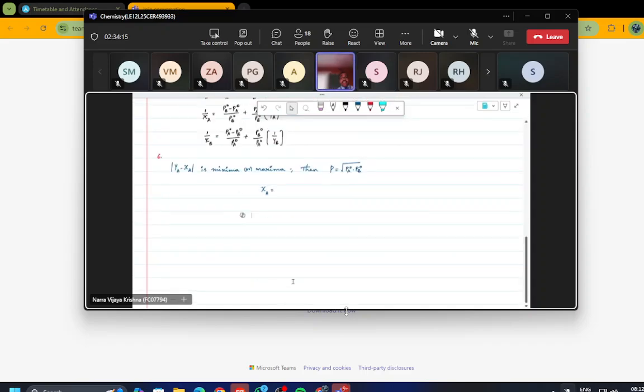What I told you, what is XA equal to? Say this, what is XA value? Minus PB naught plus under root PA naught into PB naught upon PA naught minus PB naught.